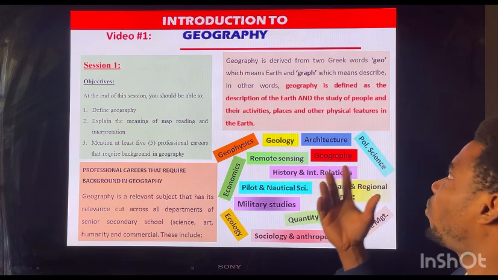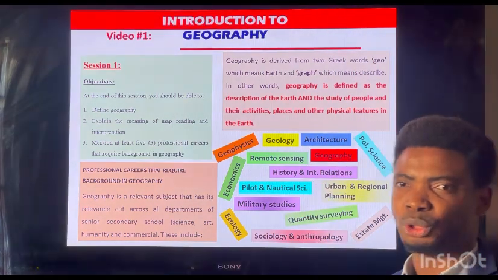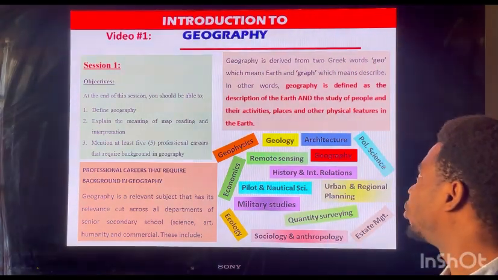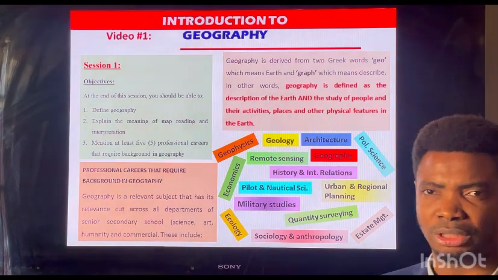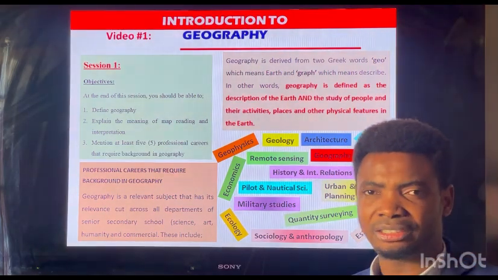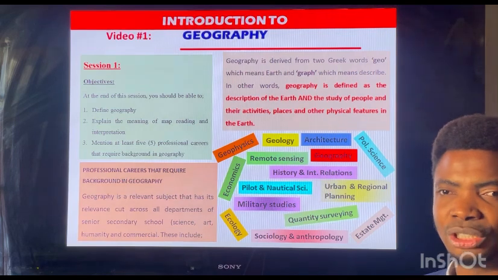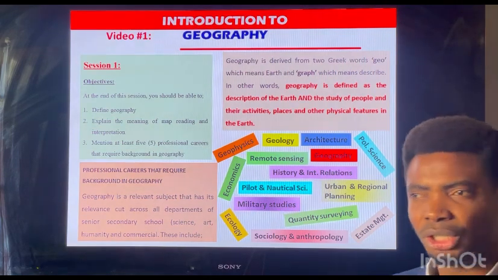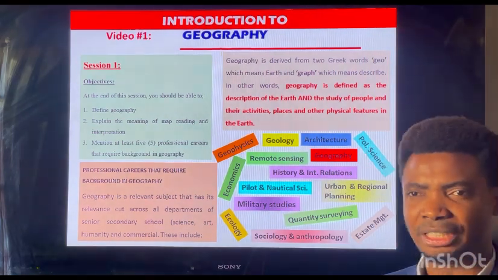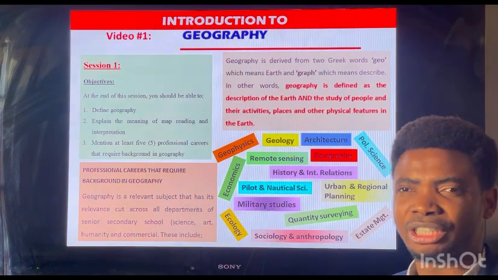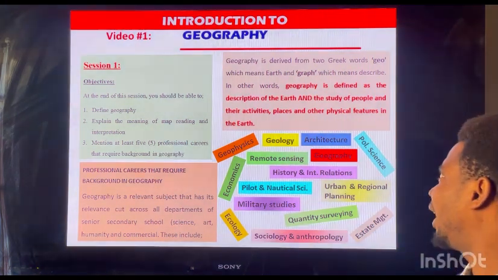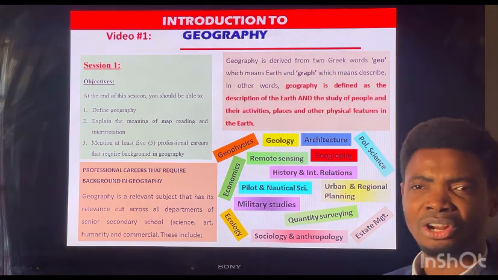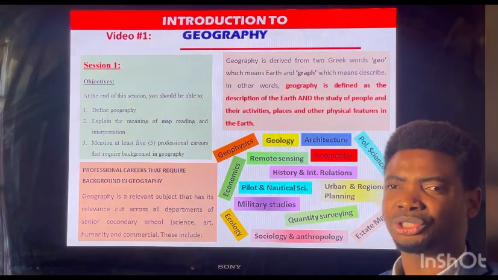Okay, what is geography? If you are asked what is geography, geography is derived from 2 Greek words, geo, which means earth, and graph, which means description. So basically, we can say that geography is the study or the description of the earth. But it does not end that way, because we don't just describe the earth.